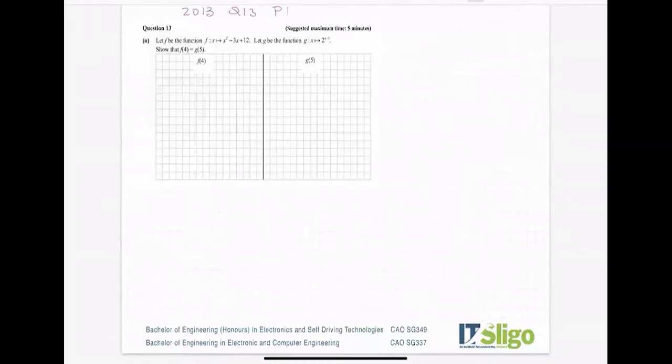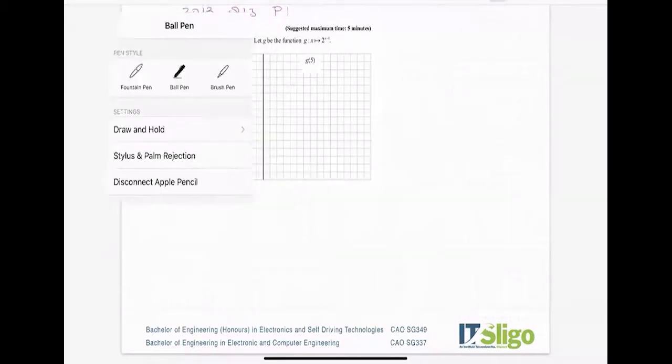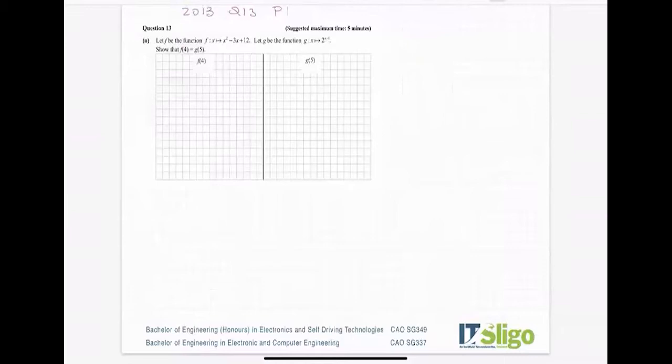Okay. f of 4 equals g of 5. So when you do a question like this, and I would imagine this happened for quite a few Junior Certs this year, you may not fully understand what the question is asking for. So what you do is you do as much of it as you can and hope that by the time you work your way through it, the question will start to become a little bit clearer.